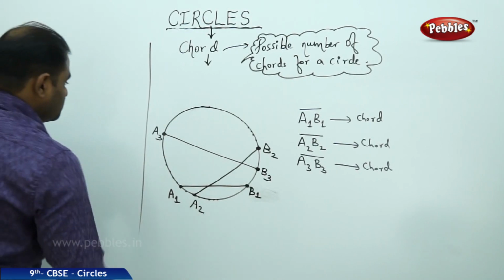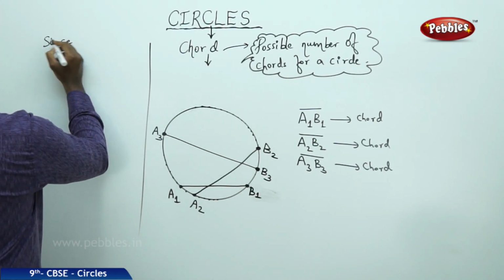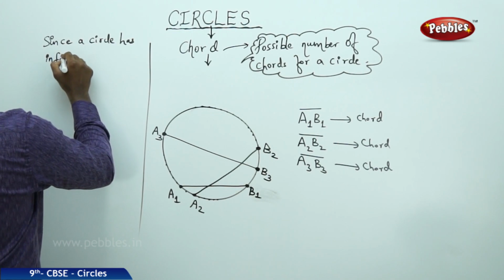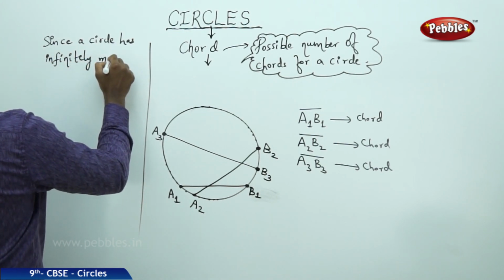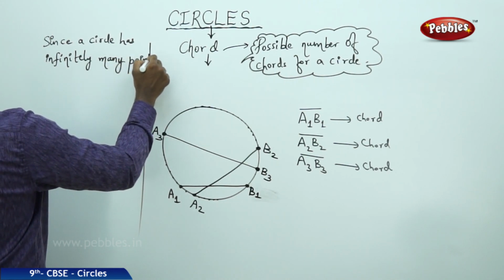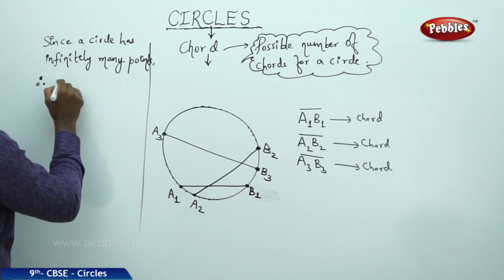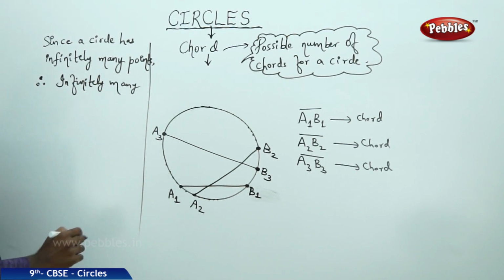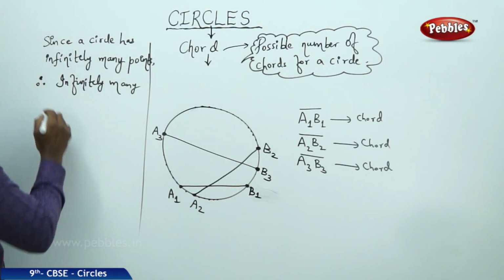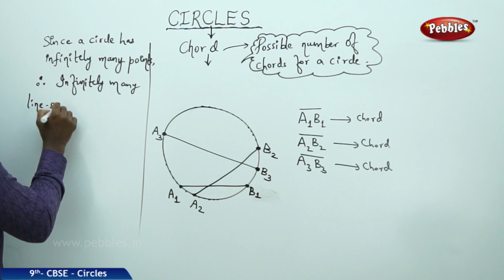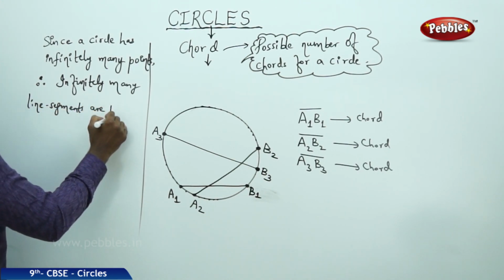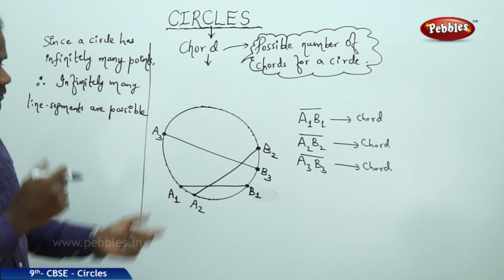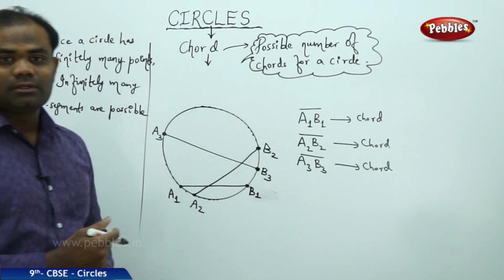So we have here, since a circle has infinitely many points, therefore infinitely many line segments are possible, joining the pair of points for each of the infinite points, each pair joined with each other.